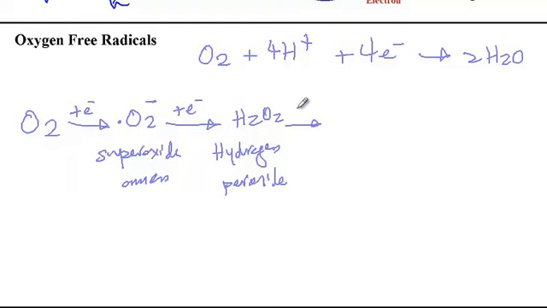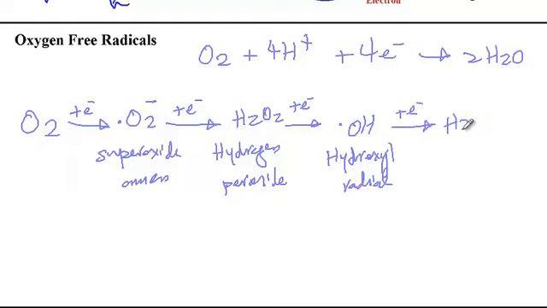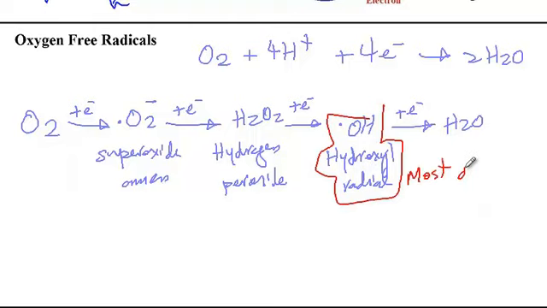If we add 1 more electron to it, it will form a hydroxyl radical. And then if we add 1 more electron to it, that's the time that water will be formed. So now, can you tell me, of all these molecules, which one is the most dangerous and most toxic one? The answer is hydroxyl radical, because this is the most reactive one. This is also the most damaging of all these.